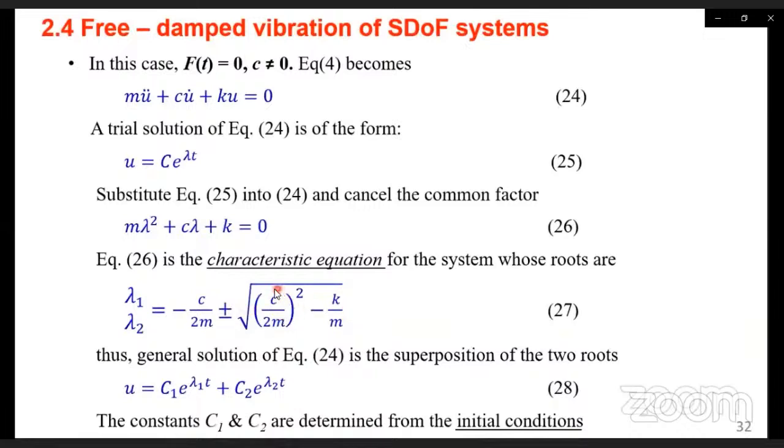For instance, when c over 2m squared equals k over m, then it all collapses to 0. We can have a case when the first part is less than the second part, therefore whatever is under the root will be negative. Again, if this is greater than this part, whatever is under the root will be positive.